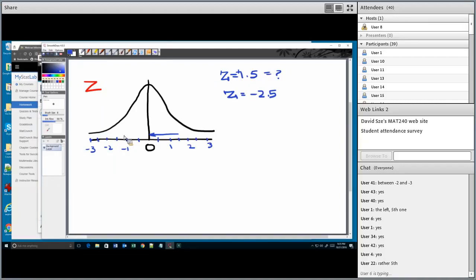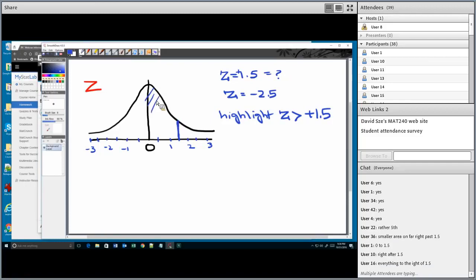Okay, now let me ask you another question. I'm going to ask you to highlight the area that is z greater than plus 1.5. Which area would you highlight? We already said this is the 1.5 line, right? So would you highlight this area? No. Is this the area you would highlight?